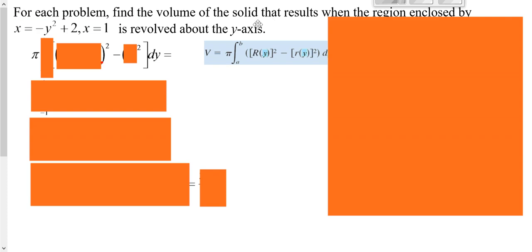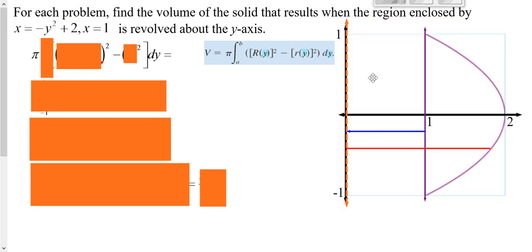One more here, we have a vertical axis of revolution, so we know we're dealing with y's. We're going to go ahead and graph this right here, which is a sideways parabola, and your x is equal to 1, which we would know would be a vertical line. So we have our sideways parabola, we have our x-axis, we have our y-axis.